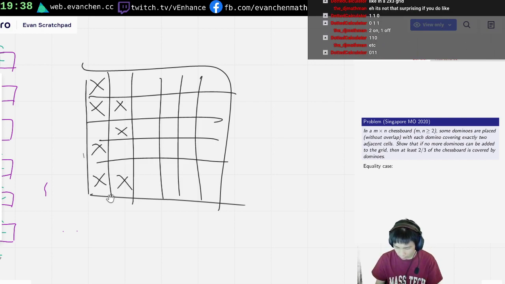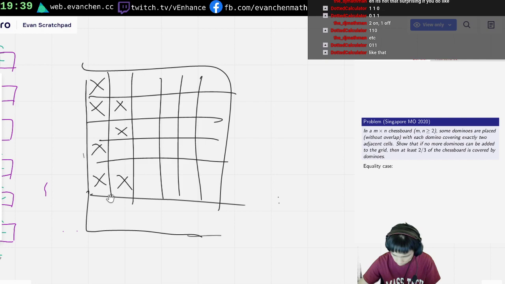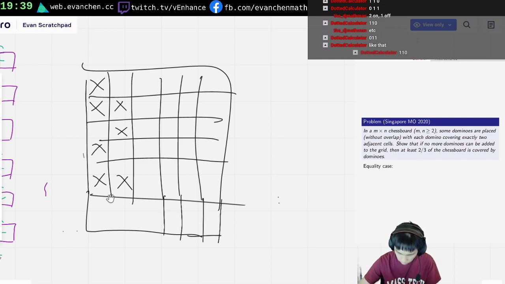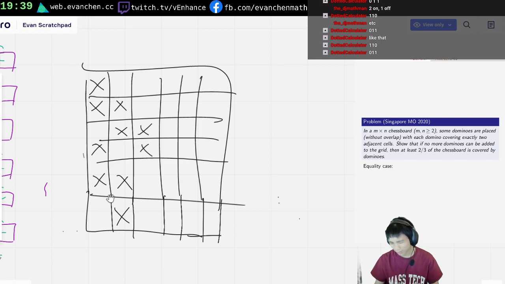Oh, huh, wait. Okay, let me make the dimensions divisible by 3 so the equality case is nicer. Wait, it still doesn't work. Wait, okay, hang on. So the rounding actually works in our favor. I had in my head that the integer division issues would work in the direction that I didn't want, but it actually seems to go the other way.